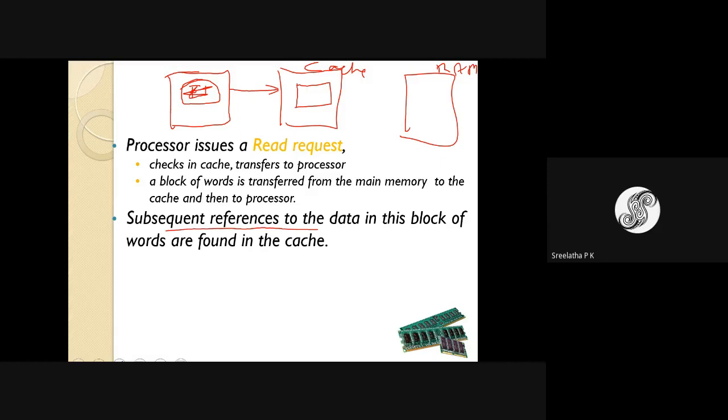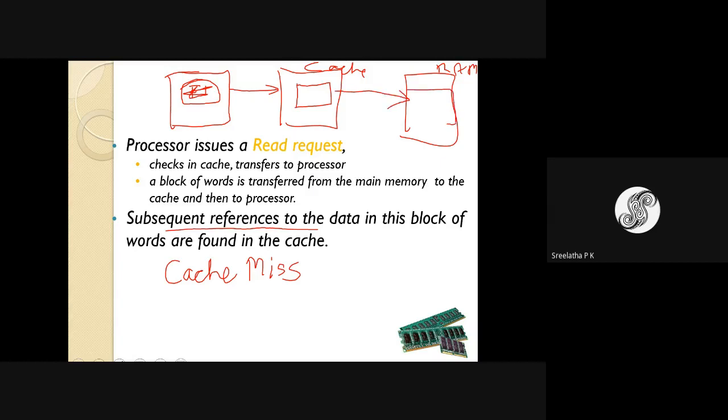If the data required is not there in cache memory, it is called a cache miss. Cache miss means that data is not there. So if it is a cache miss, data has to be taken from the primary memory.